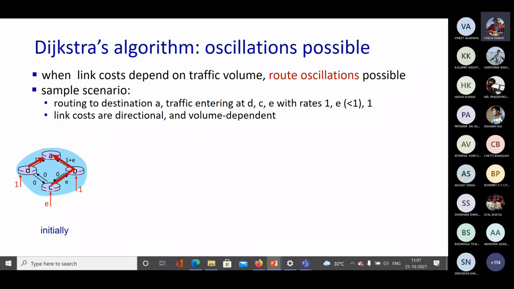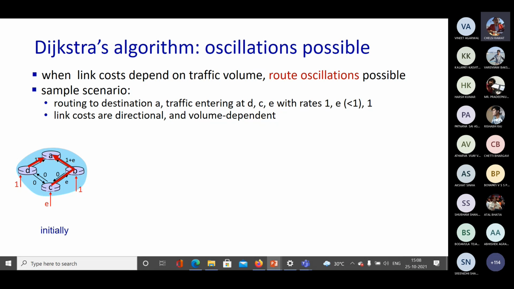As an example, it is given here that you want to go to destination A, and the traffic is entering from D, C, and B with rates 1, 1, and E, where E is less than 1. In that case, the link costs are directional and volume dependent.